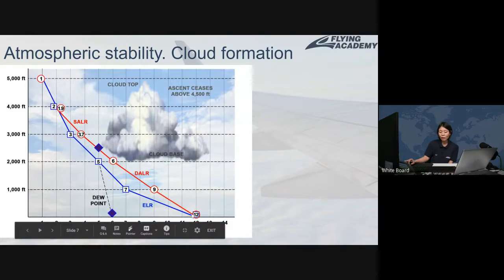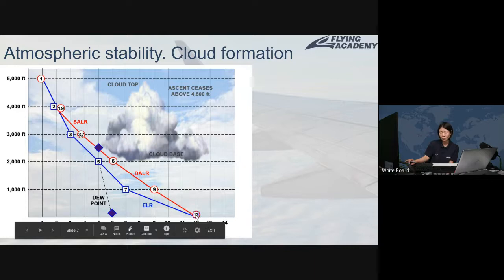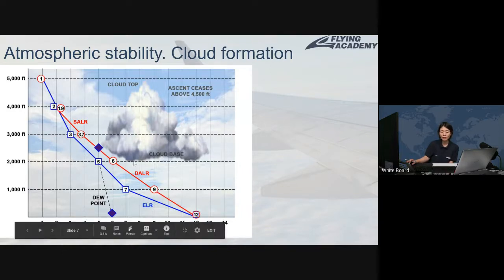However, the air parcel I have is dry, because it's not at the saturation point yet. At 1,000 feet, it becomes 9 degrees. At 2,000 feet, it becomes 6 degrees. However, the dew point is 5 degrees here.